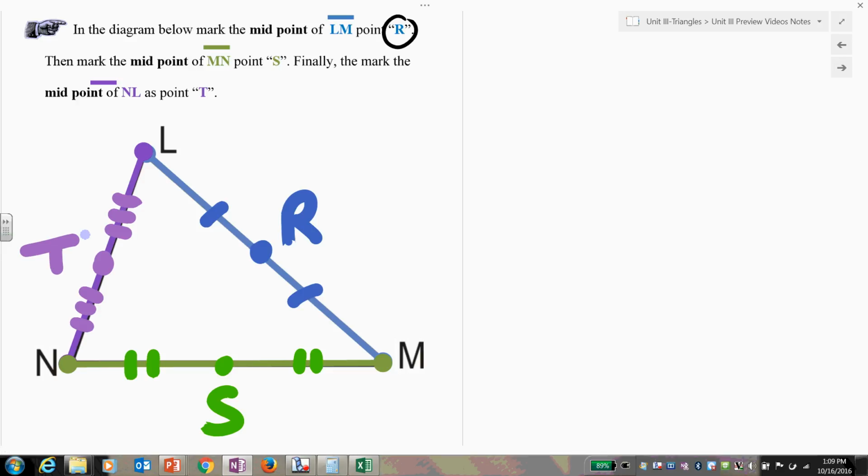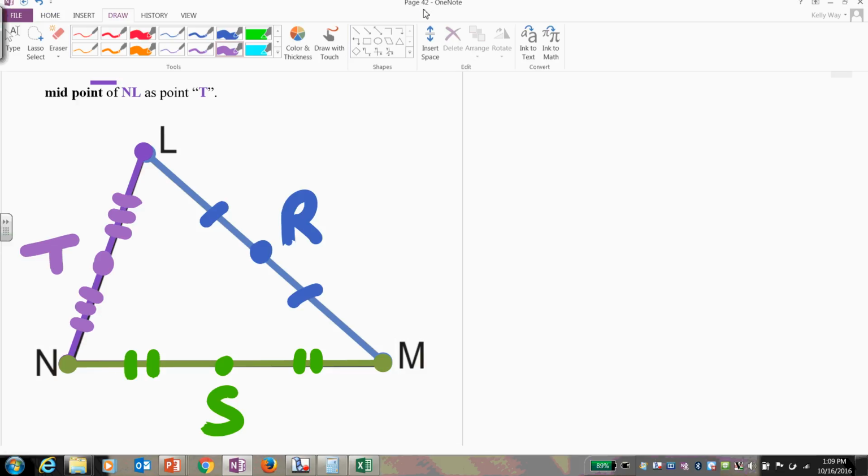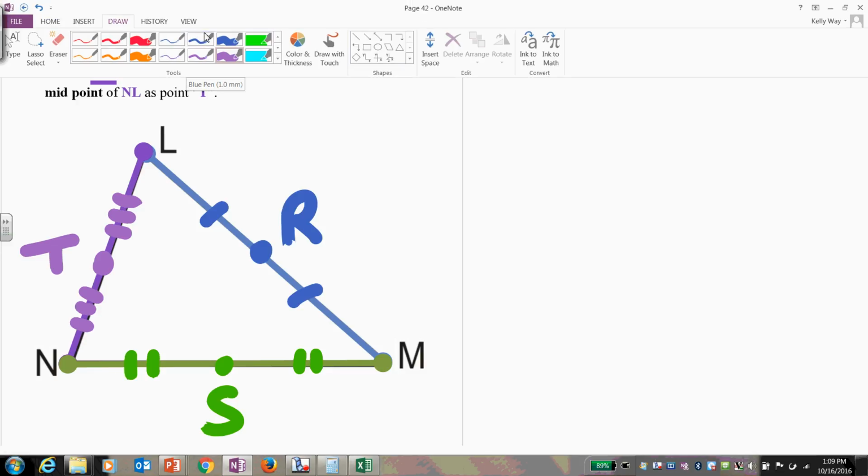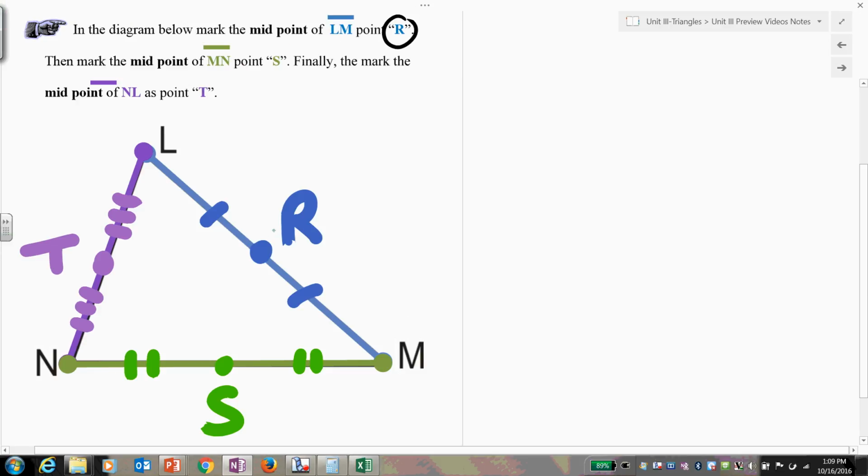Now, very carefully, let's draw our three medians. Vertex to midpoint. Use a straight edge, please. That's a median. Vertex to midpoint.